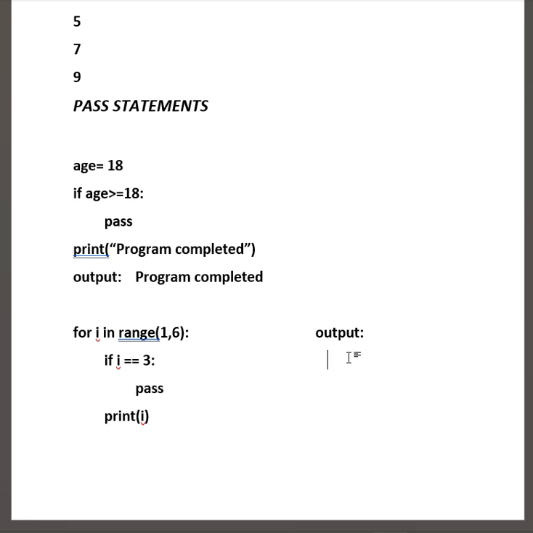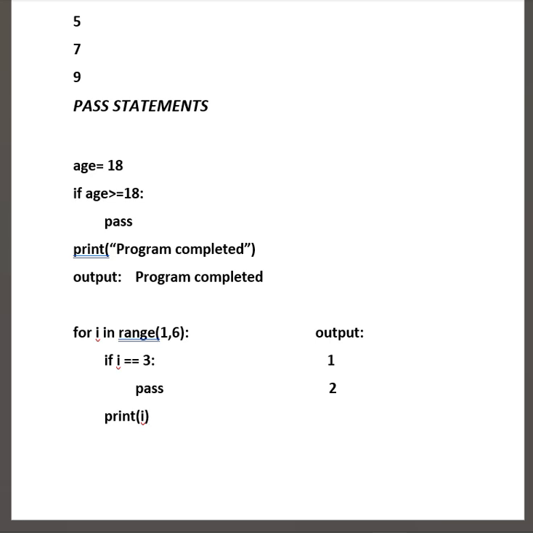I'm taking i is equal to 1. Starting, i is equal to 1. 1 is not equal to 3, so the condition is false. It is going to the print statement line. So 1 will be printed. Next 2. 2 is not equal to 3, so 2 also will be printed.